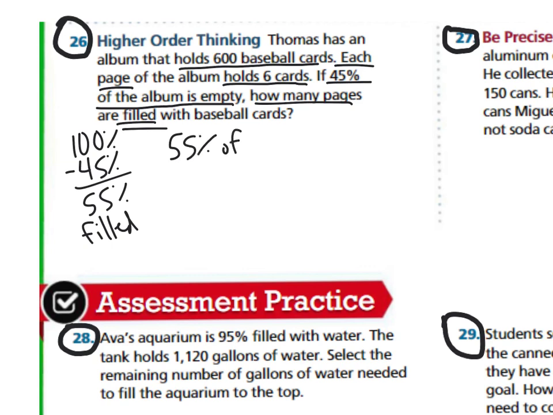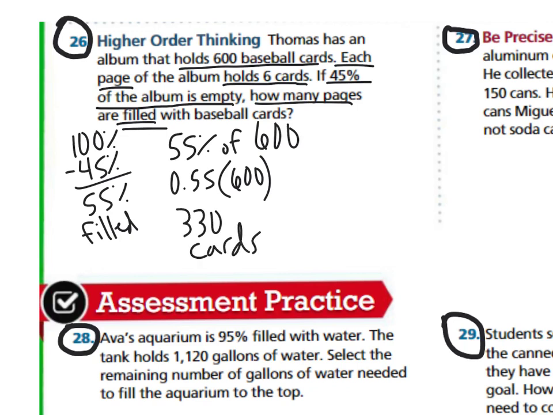And there's different ways you could do this, but if you take 55% of 600, so change that to a decimal and multiply, that would be 330. What that means is 330 cards.